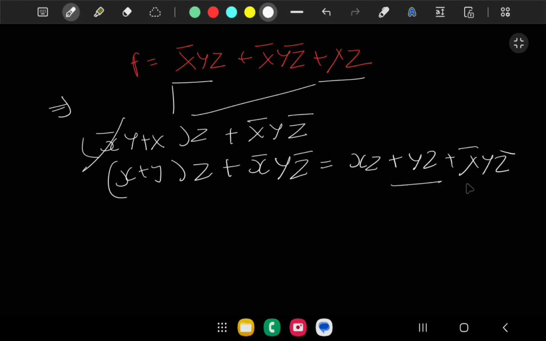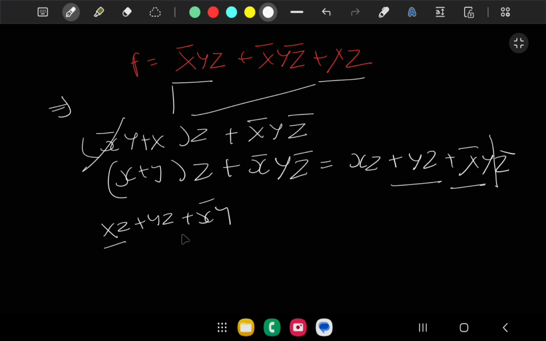Now from this and this you can take y common, then this z bar is again redundant. Finally we got xz plus yz plus x bar y.